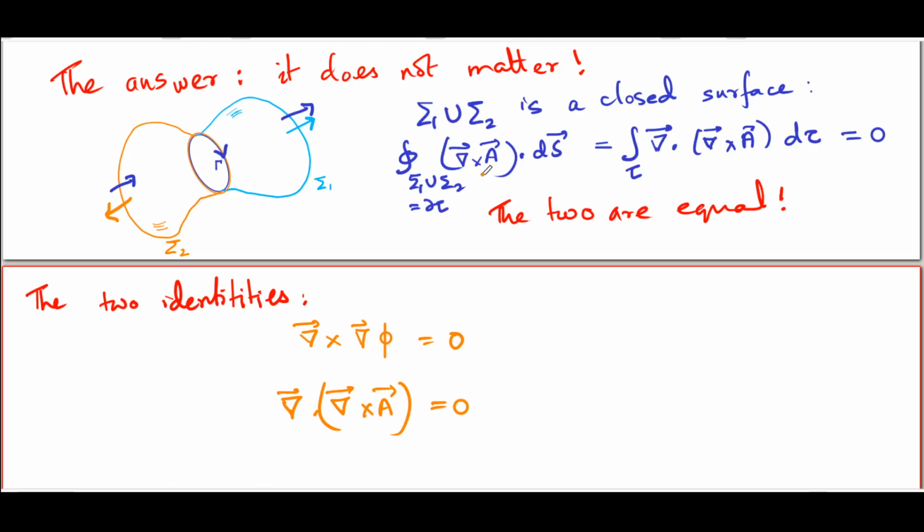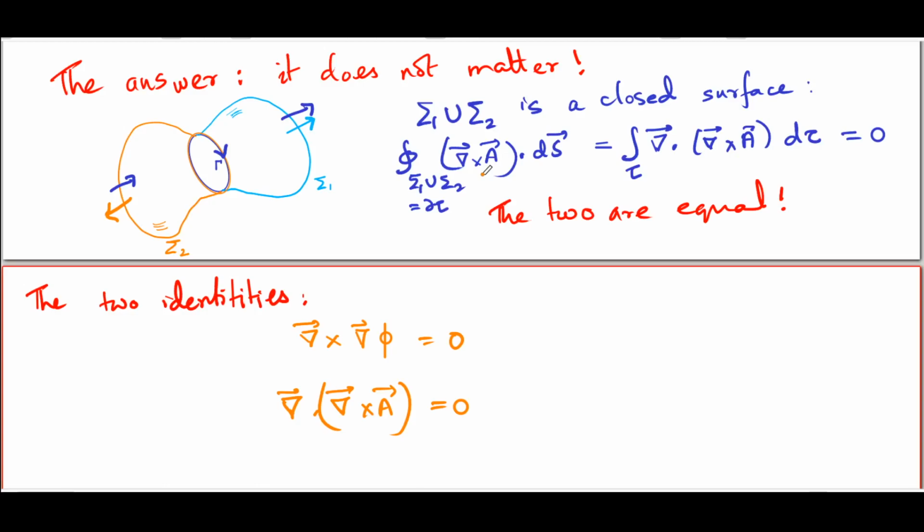And the second one involved taking the divergence of curl of a vector field A. If the scalar field phi in the first case and the vector field A in the second happen to be smooth fields, that is, happens to have at least second partial derivatives which are continuous, then it turns out that curl of grad phi and divergence of curl of A are both 0. We had established this before using standard properties from calculus.